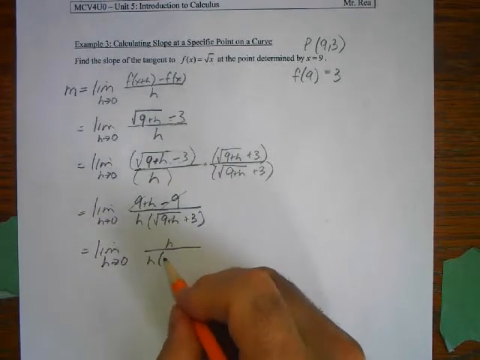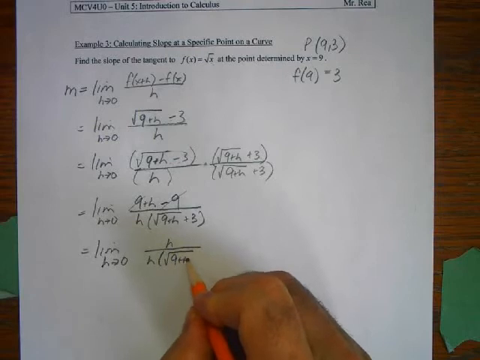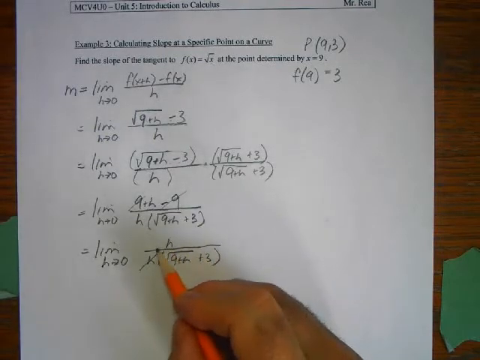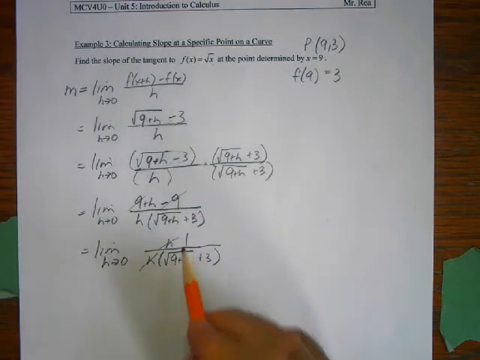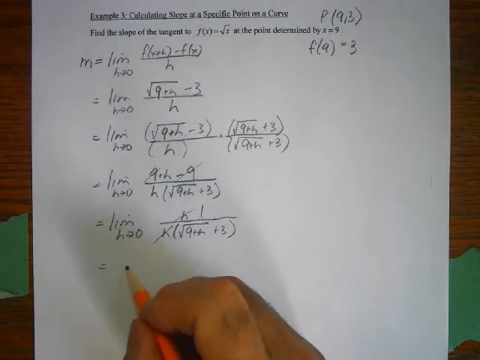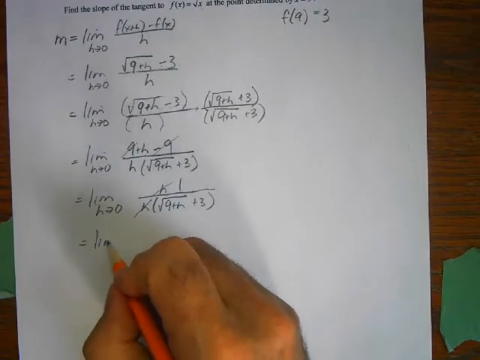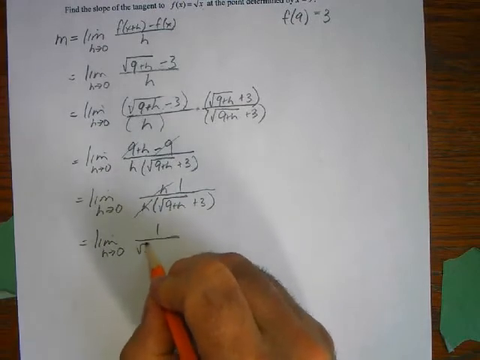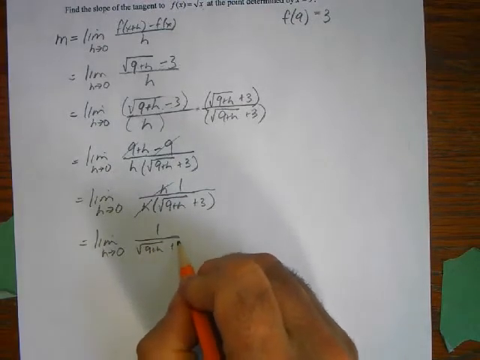And you can probably see I've got the h on the bottom as a factor. So at this point you can cancel those two out. Don't forget you're left with a 1 on the top. So it's 1 over the square root of 9 plus h, plus 3.